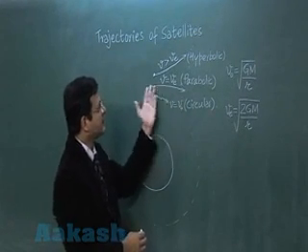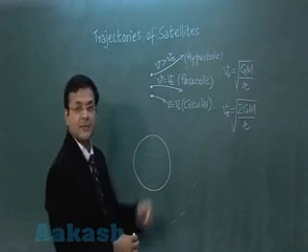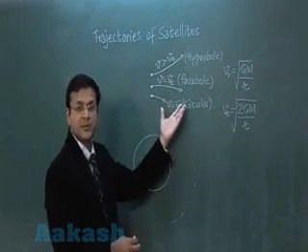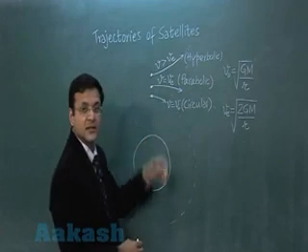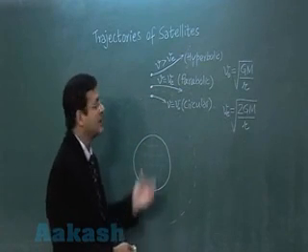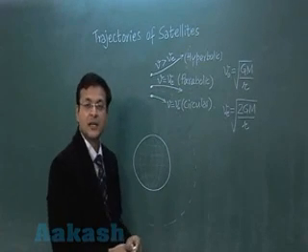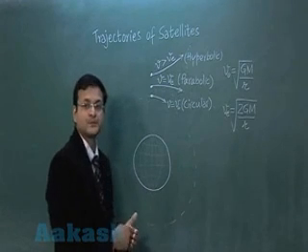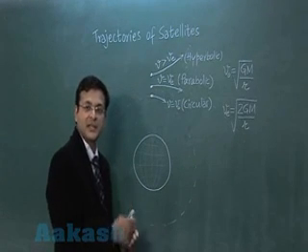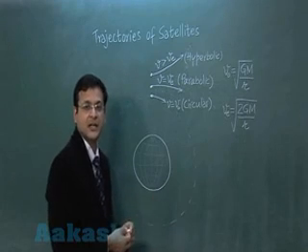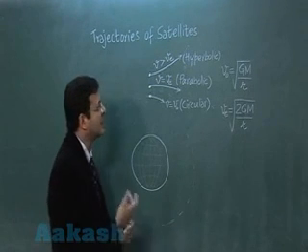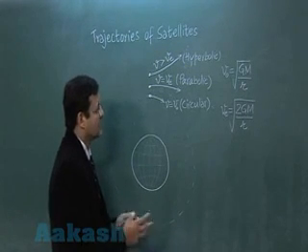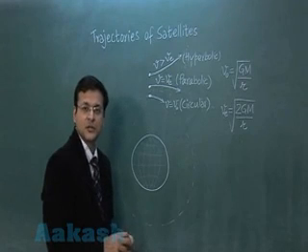So long as the speed equals to escape speed is concerned, the energy will be 0, but below that speed the energy will be negative, and above that the energy will be positive. These are the things which are related to trajectory and the speed in that trajectory and the concerned energy with that. You understand? Now let us talk about a concept which you call weightlessness.